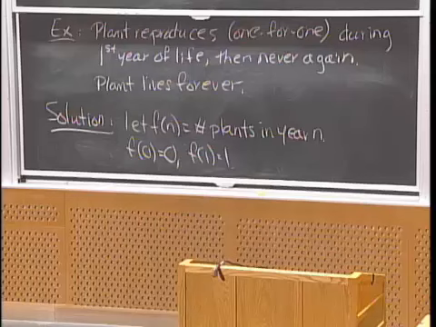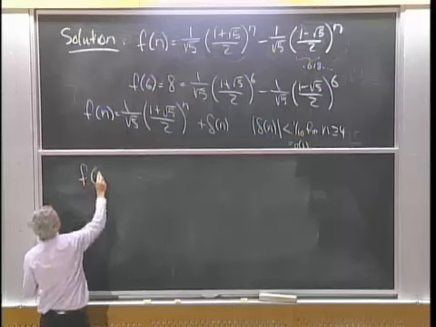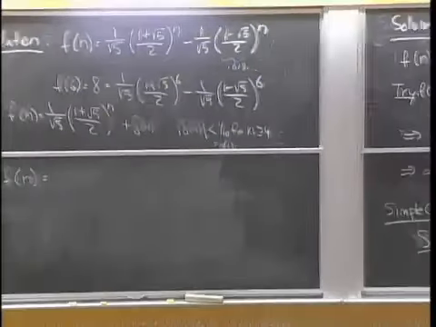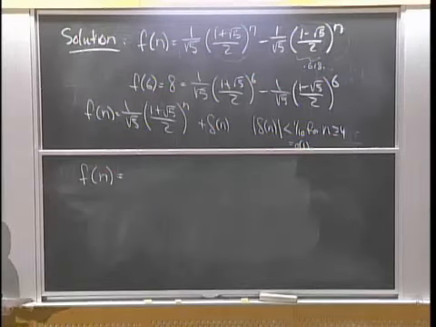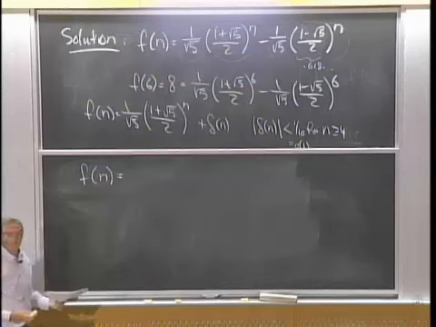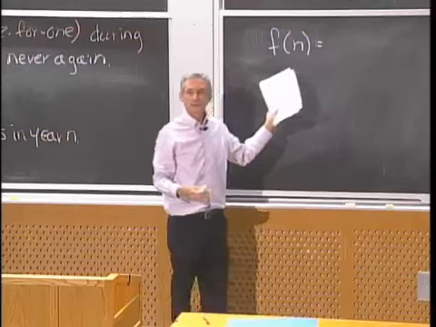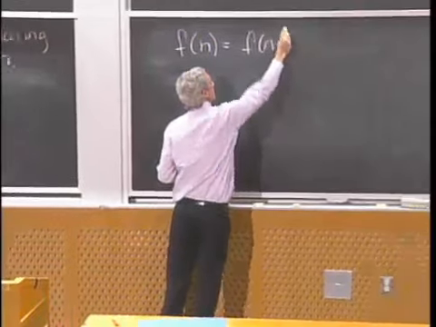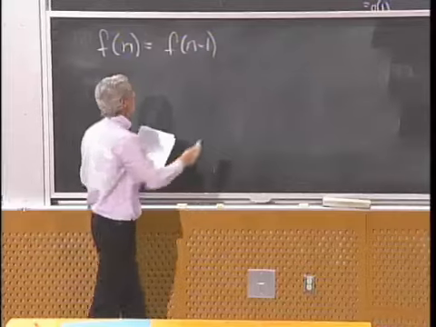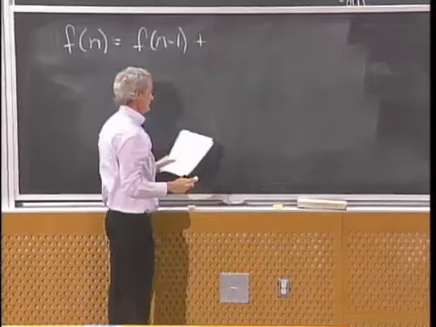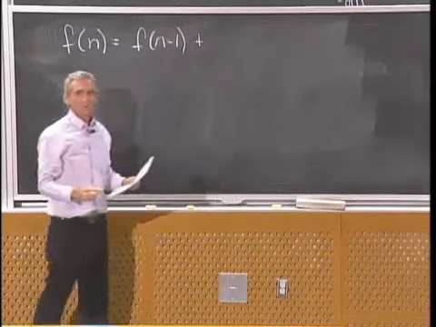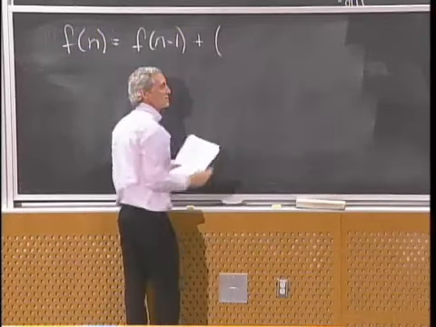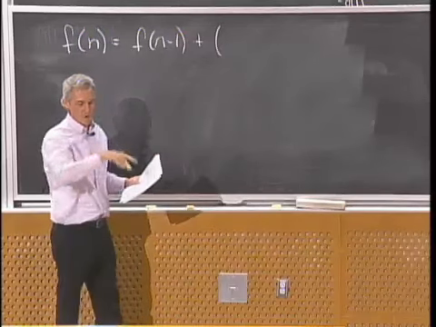Okay, so let's set up the recurrence. F of n equals, well, the previous year, how many plants were there in terms of f? F of n minus 1. All right, that's how many there were last year, and they're all still alive. Plus, we've got to add the number of new plants. Well, how many new plants are there? It's all the plants that were 1 year old last year.